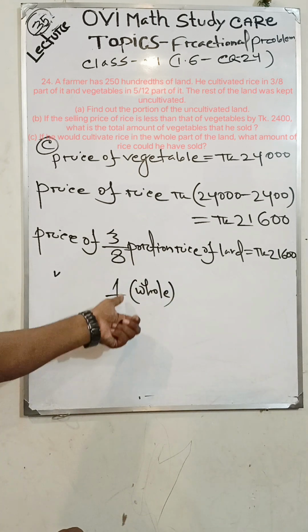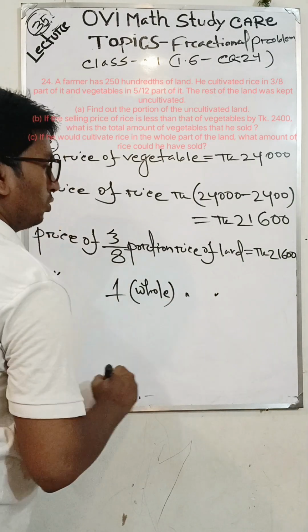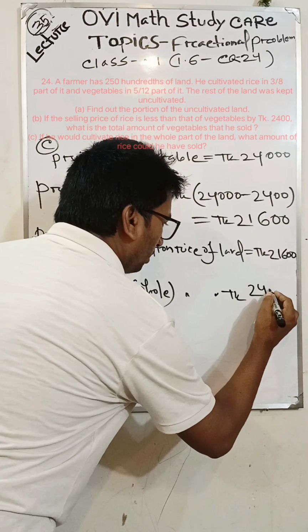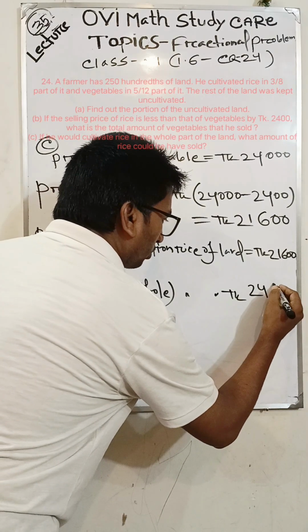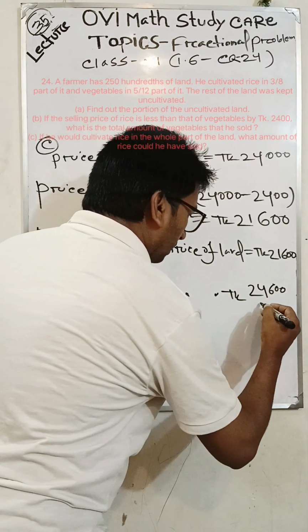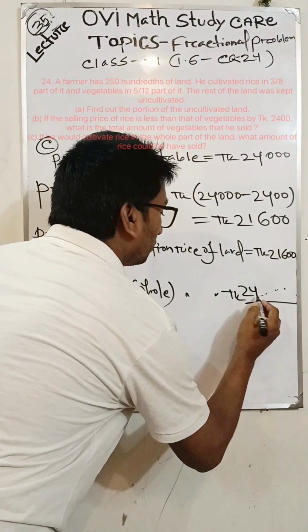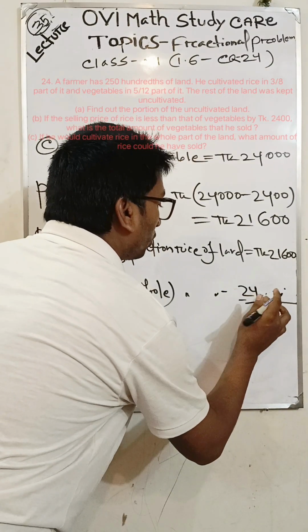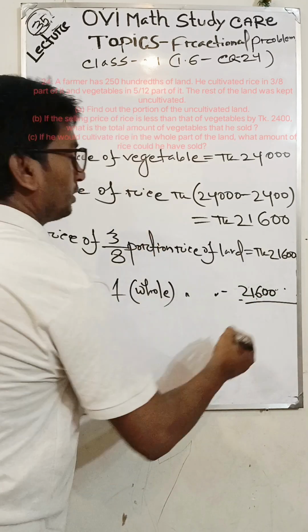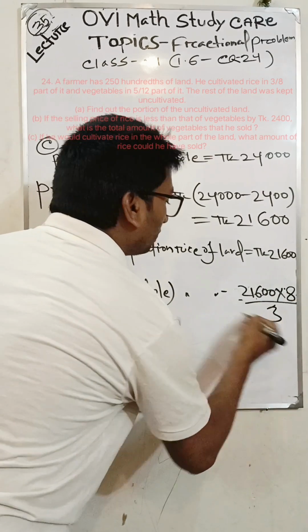So the price of one portion, that means the whole portion of rice, taka 21,600 into 8 inverse by 3.